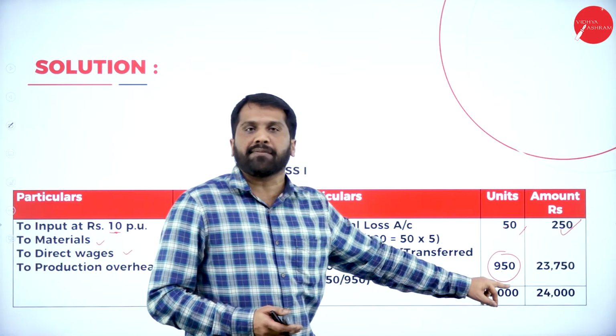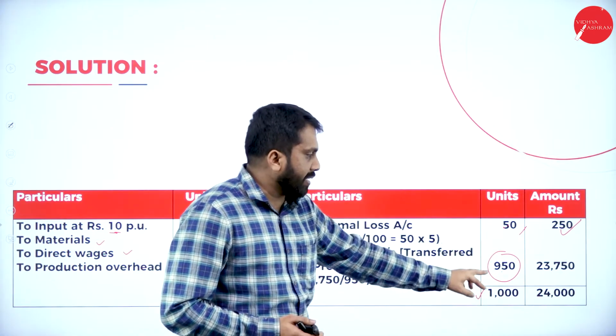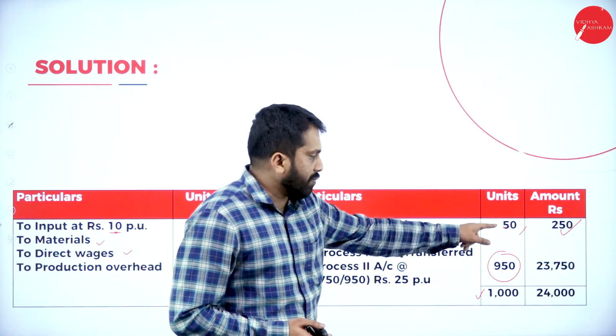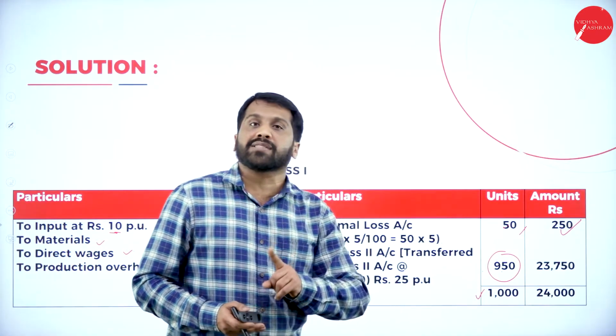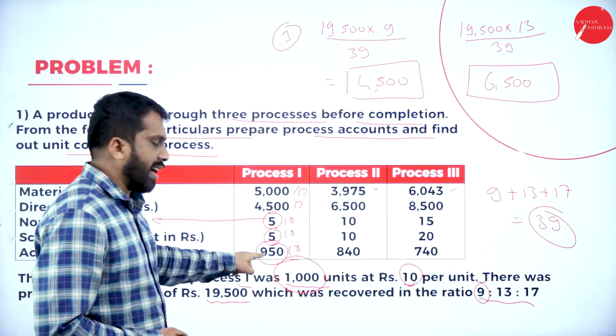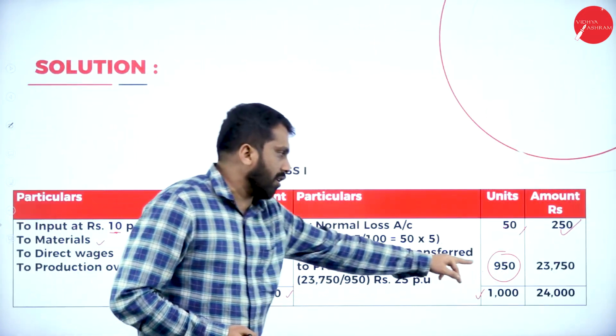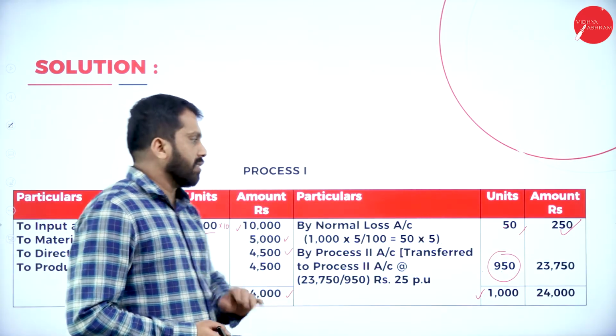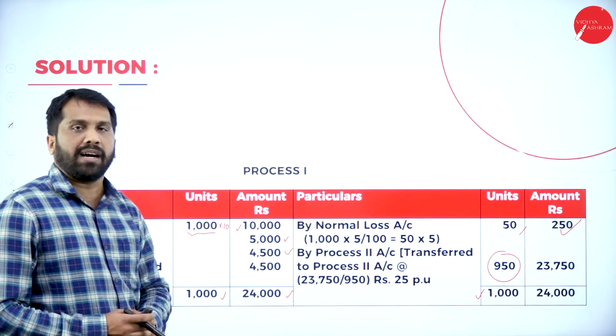What is your output? 950. If it were 900, then 50 would be abnormal loss. 950 plus 50, you will get a total of 1,000. There is no abnormal loss. Your expected was 950 and you got 950. Normal loss is 50. Hope you are clear.